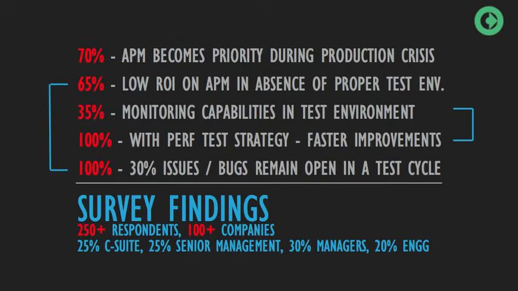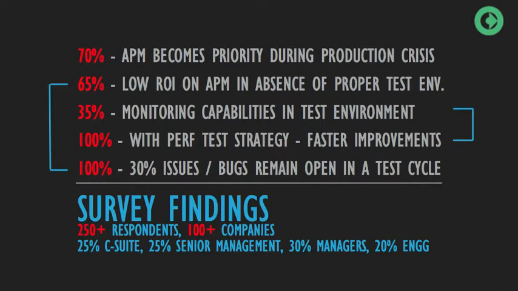Now, let me talk about the survey findings that we had. We had more than 250 respondents from over 100 companies with a balanced mix of hierarchies across these organizations.